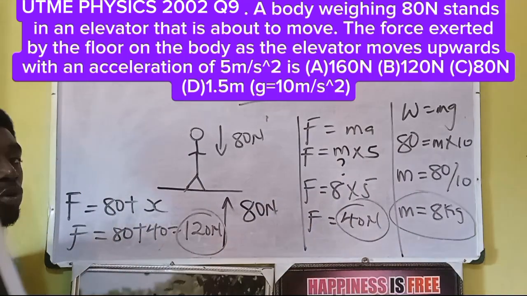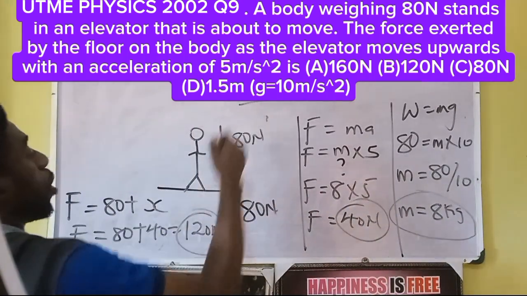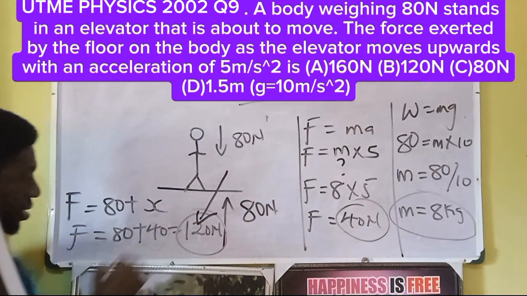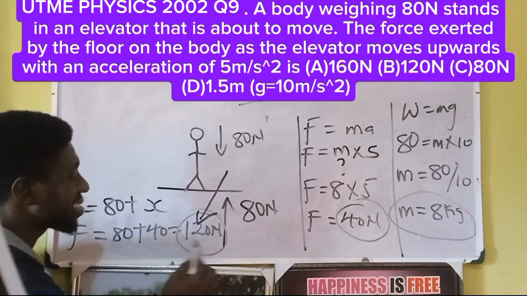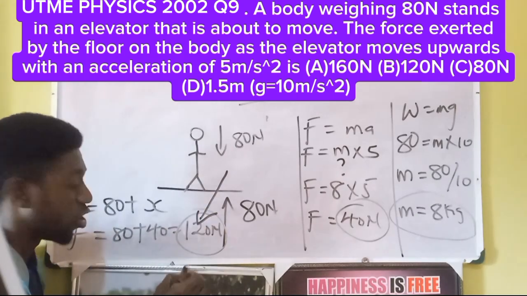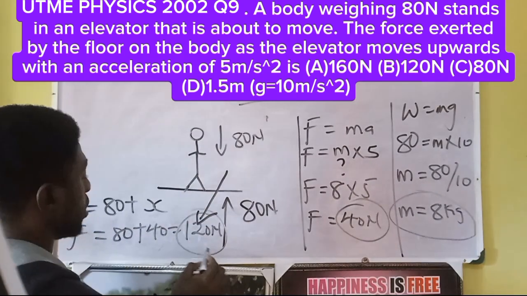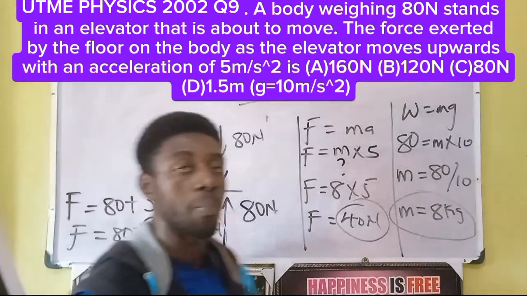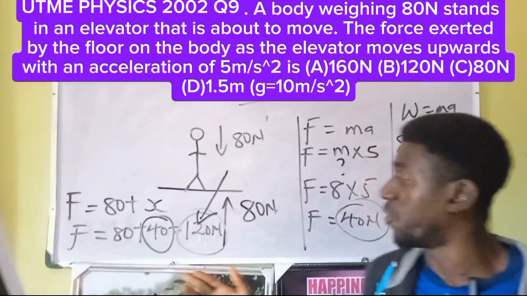No wonder it was able to move upward, because the body on it will come and take away 80 from it. It didn't succeed in cancelling all the upward force provided by the elevator. It still had a net force of 40 Newton that caused its acceleration upward. This is just like the rule of vectors.